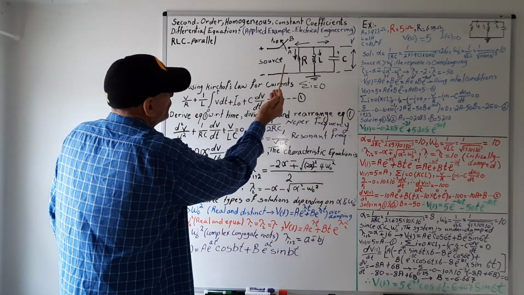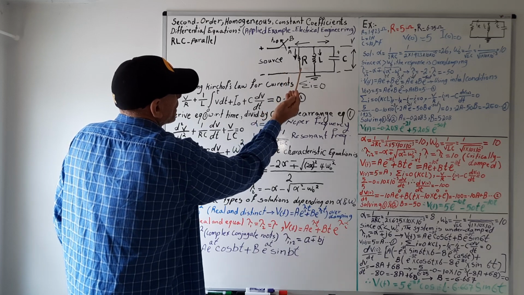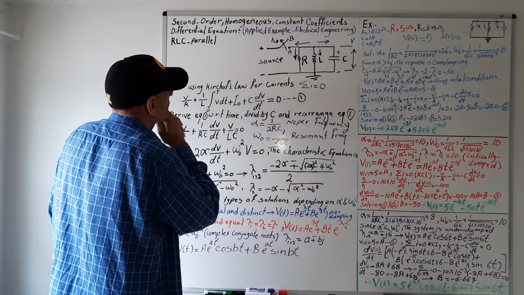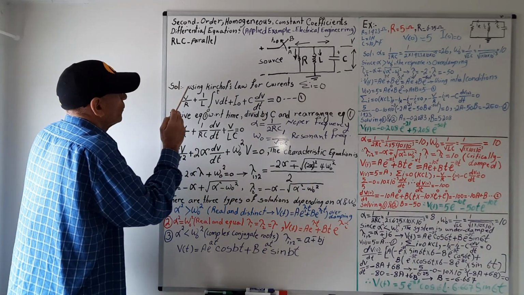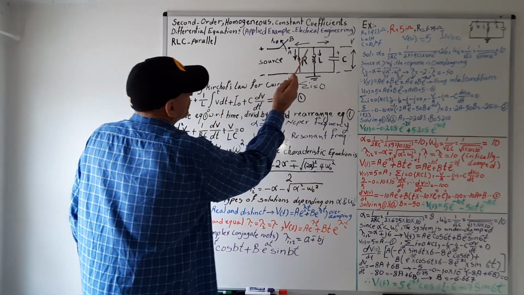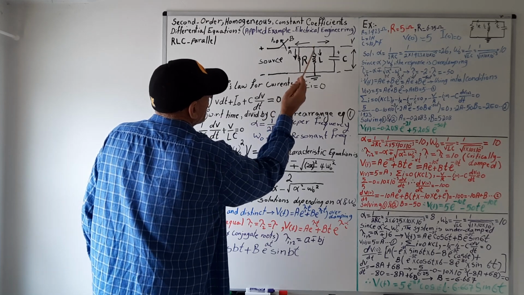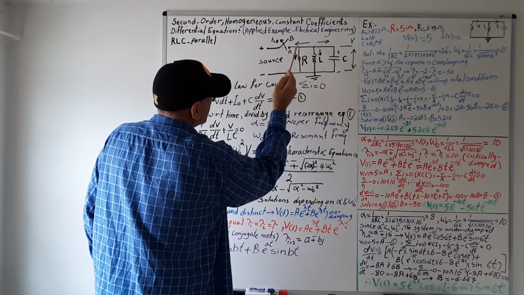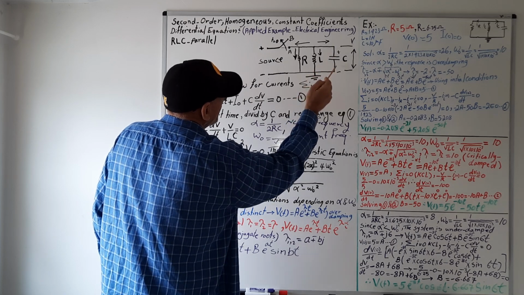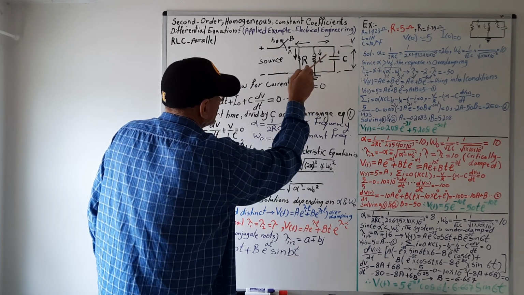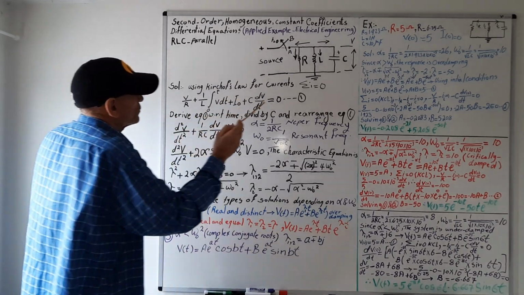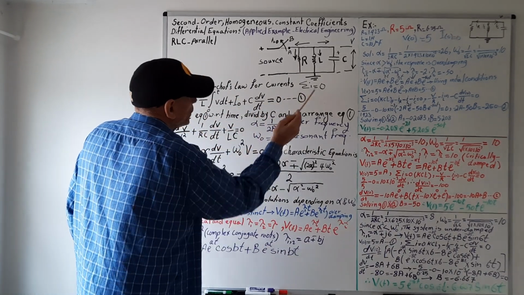So how do we find the differential equation for this parallel RLC system? First, we use Kirchhoff's current law in this node. We have three currents: one going to R, one I_L, and the third current I_C. So we have a summation of I's equals 0.